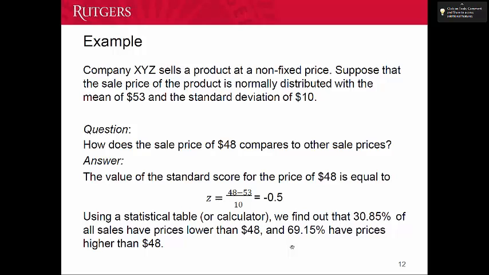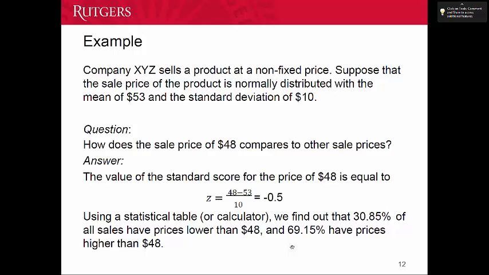So here is the example. Company XYZ sells a product at a non-fixed price. Suppose that the sale price of the product is normally distributed with a mean of $53 and a standard deviation of $10.